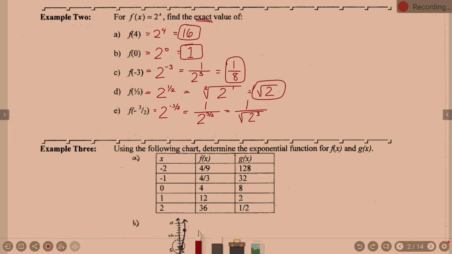Now, we've made progress there. Officially, this is not how you should leave an answer with a radical. So first of all, what is 2 to the third? So this is 1 over the square root of 8. Okay, what did we learn about the square root of 8 back in Algebra 2?